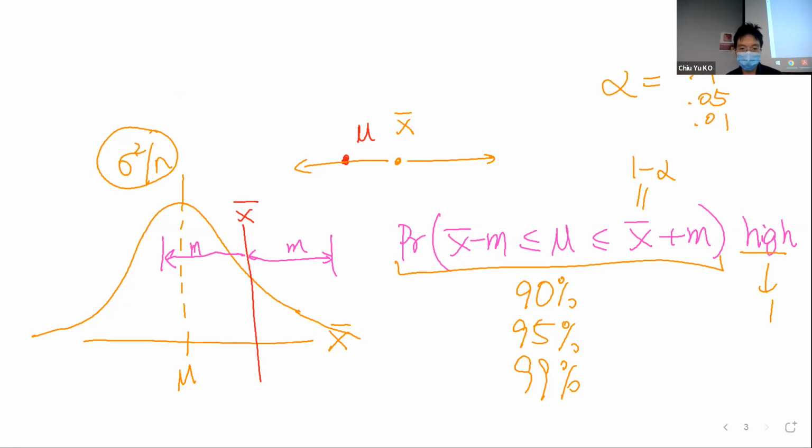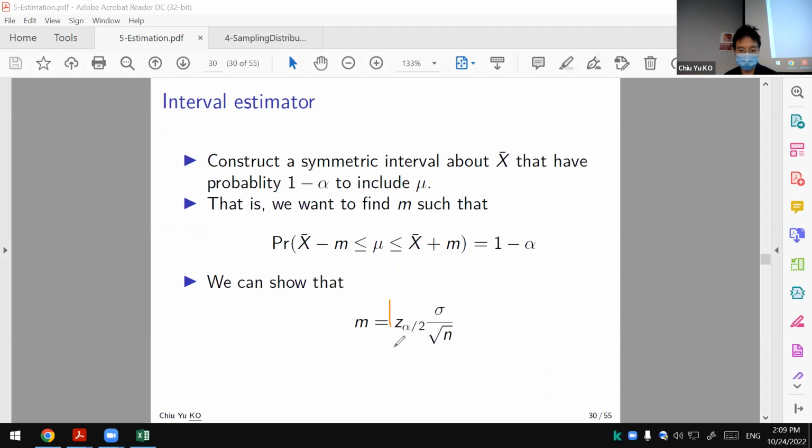Which we will prove very quickly. It turns out the size of the arm is like this. It looks a little bit tricky, but note that this is just coming from this guy, the square root of that, because remember the variance of this is sigma square over n.